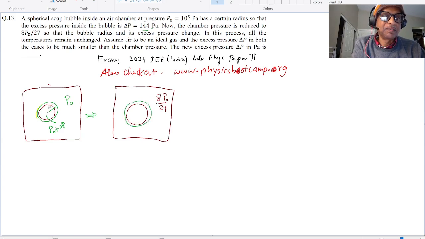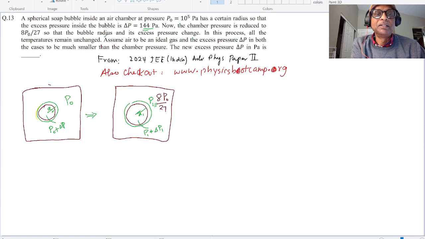And maybe this radius A0 is what we start with. Let's call this radius A1, and let's call this pressure P1. And so inside now the pressure will be P1 plus delta P1.